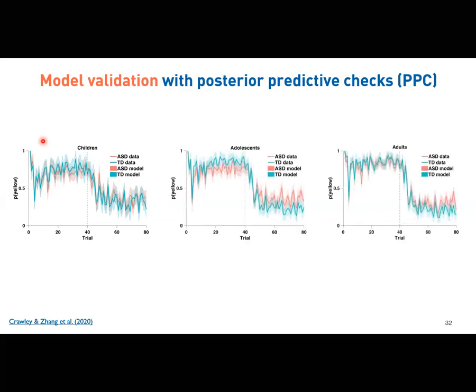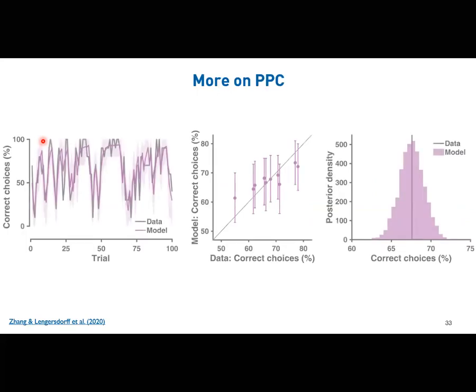So here what I show is that the models, they are good for both TD and ASD and also across different age groups. So that basically means the model is accurate enough. It's doing a decent job in explaining the variance in the data, okay?